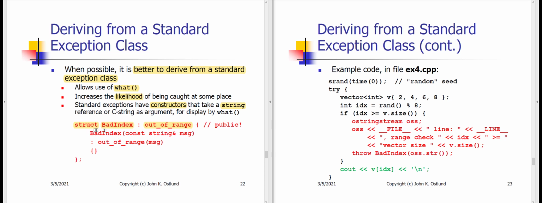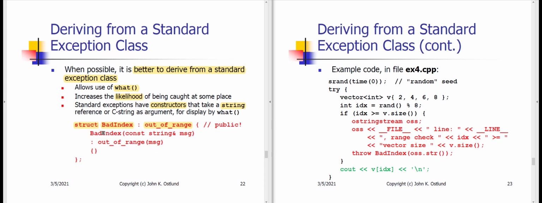So struct bad index colon out of range behaves exactly the same way as if I had said class bad index colon public out of range, and then I would have had to declare the constructor here as public. So by using struct, I don't need to worry about using the public keyword because everything is public.